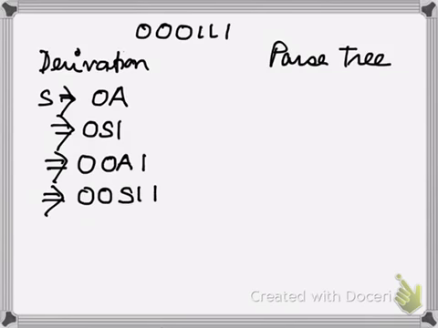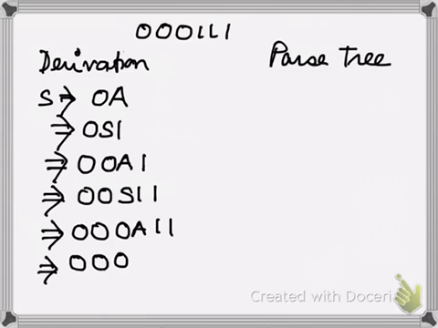So I have 2 zeros, 2 ones. Then again S I will replace by 0A, 1, 1. Then again A will be replaced by S1. And now I have 3 zeros and 3 ones, so I can stop the derivation process by replacing S by epsilon. So I have used production number 2 and I have terminated here.